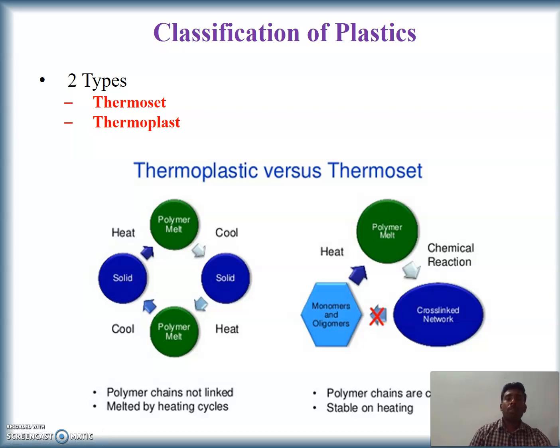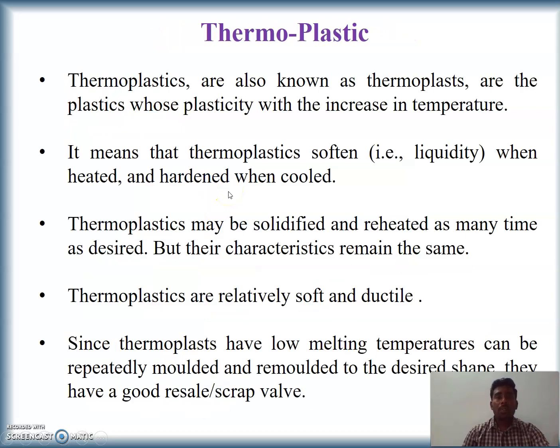Some of the classification of plastics is pictured again here. If you focus on thermoplastic, also known as thermoplast, it is a plastic whose plasticity increases with the increase in temperature. It means that thermoplastics soften when heated and harden when cooled. Thermoplastics may be solidified and reheated as many times as desired.